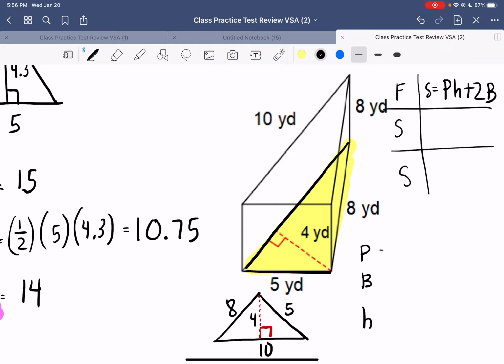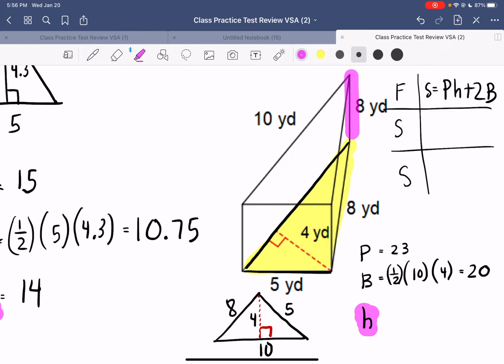Which gives us 23. And then the area of the base, remembering that it's 1/2 times the base, which is 10, times the height, which is 4, gives us 20. And the height of the prism is the number that connects our two bases, which is 8.